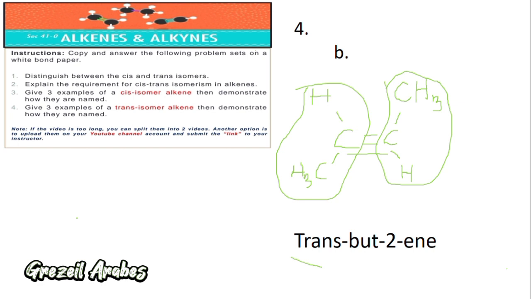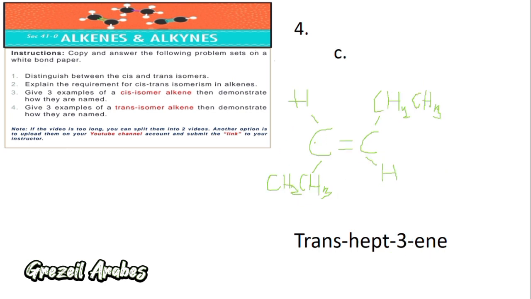So we classify or we take it as an example of trans isomer alkene. So ENE, ma'am, came from the parent name butane, but we changed it to the suffix ENE because it is an alkene. So that would be all, ma'am, for our second example.